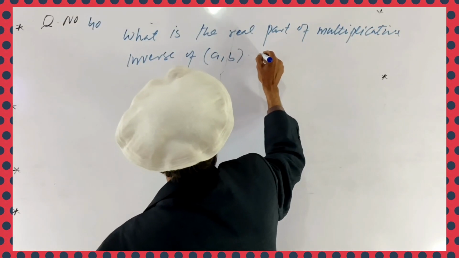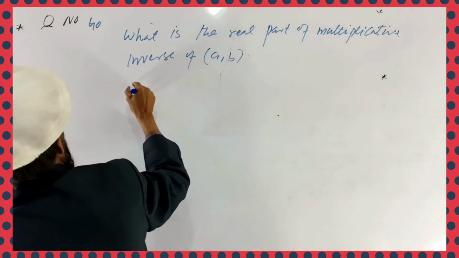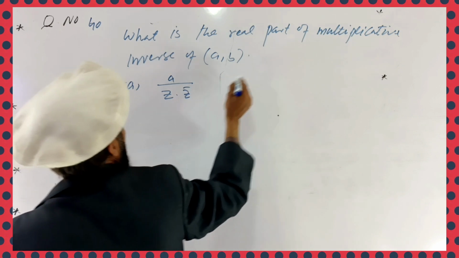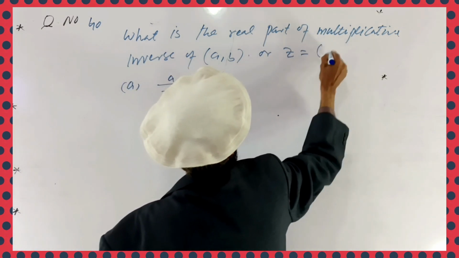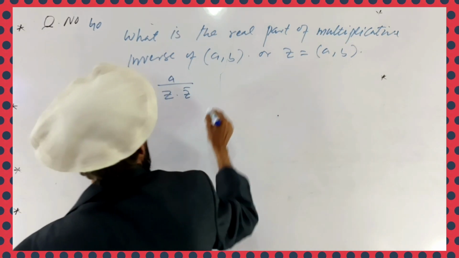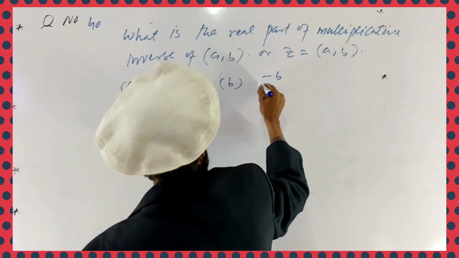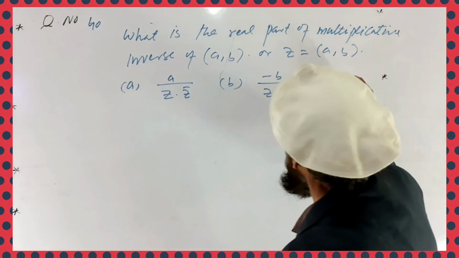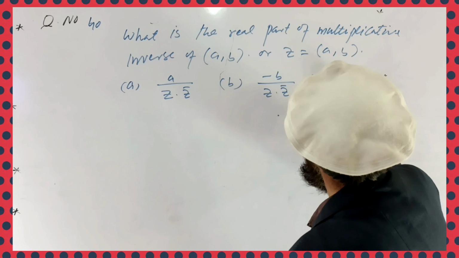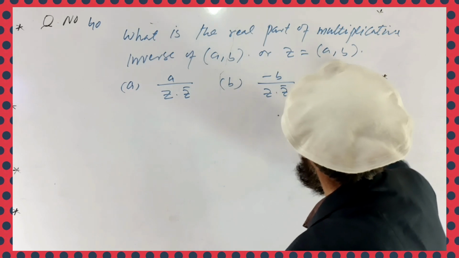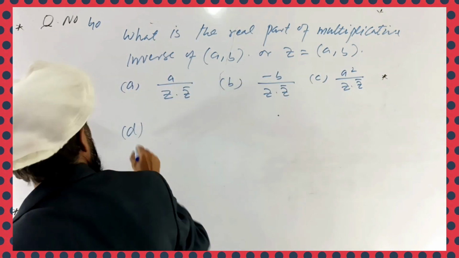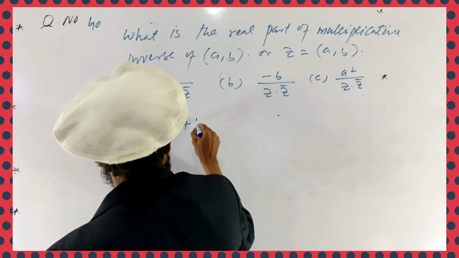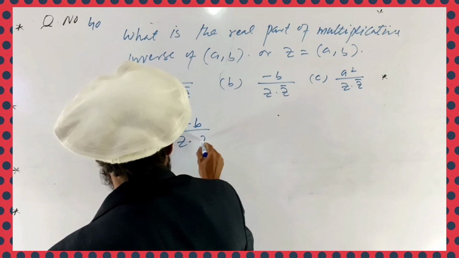Here A is equal to A divided by Z, or Z is equal to A over B, and B is equal to minus B Z, C is equal to A square divided by Z, and D A plus B divided by Z into Z bar.